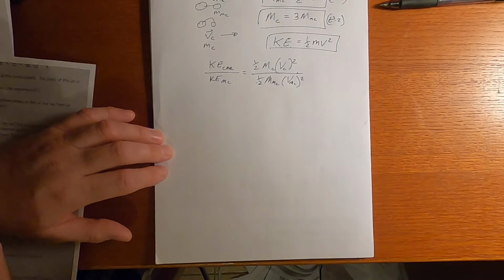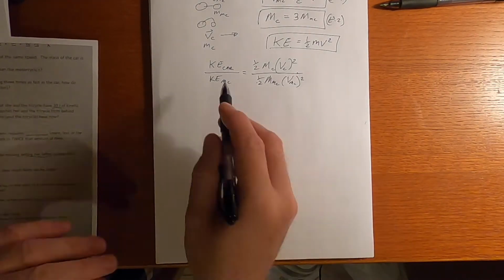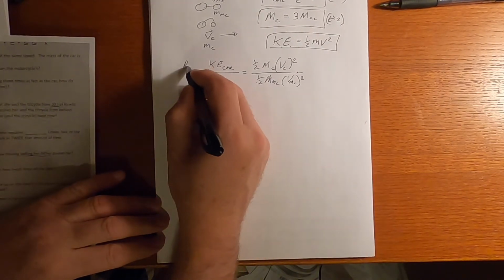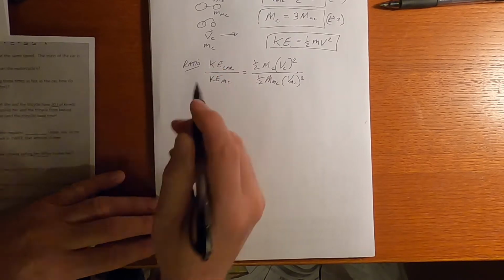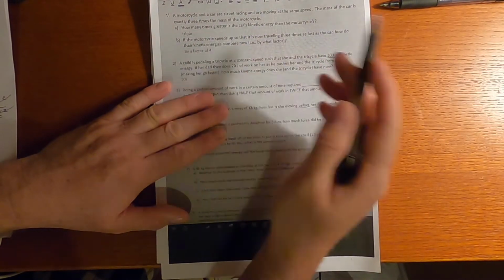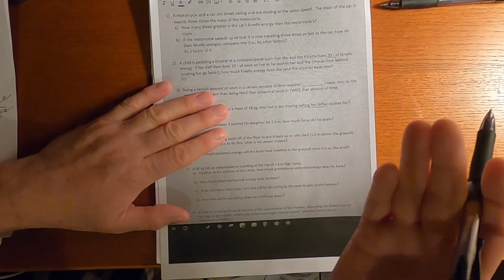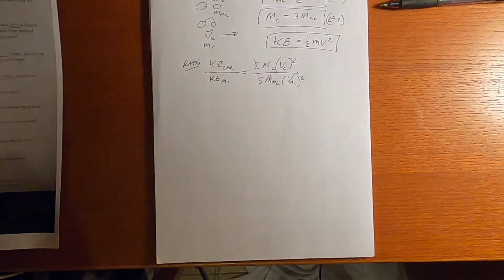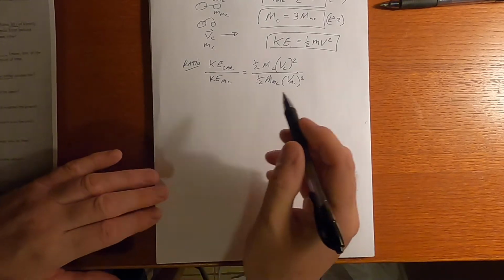So that would be the setup. This way we find some ratio, and that ratio will be how many times greater the car's energy is over the motorcycle's. So we'll find out that factor.